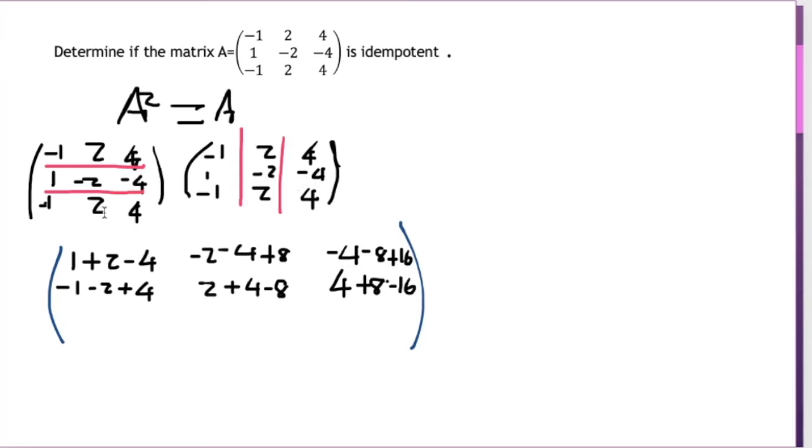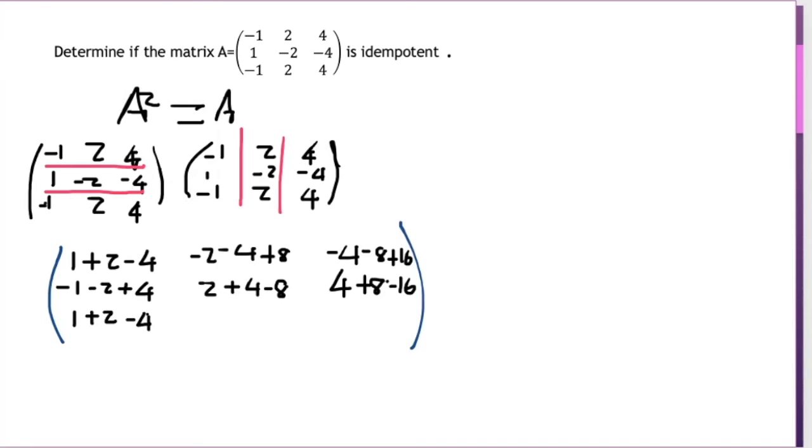Finally, I am going to multiply the last row by the columns. So I have the last row times the first column. So -1 times -1, that's +1. Next, I'll go ahead and say 2 times 1, that gives me +2. So I'll write +2 here. Then I have 4 times -1, that's -4.